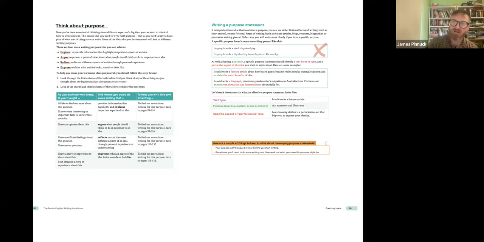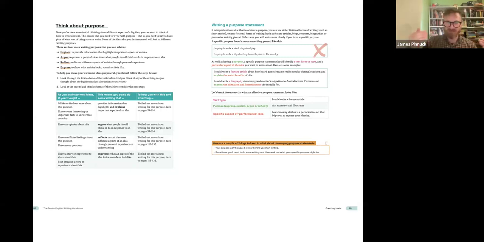And you can get kids to write out an exact purpose statement, because they will redraft and refine their piece more clearly when they're very specific about the idea and how they're trying to express, or how they're trying to persuade or explain or reflect on a very specific idea.